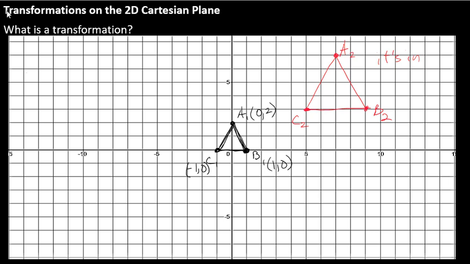Well, two things happened. It's in a different area of space, right? And the other thing that happened was the amount of space it occupies changed. Okay? And that's basically what a transformation is. All right?